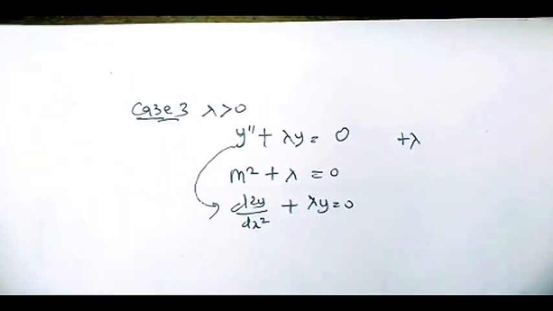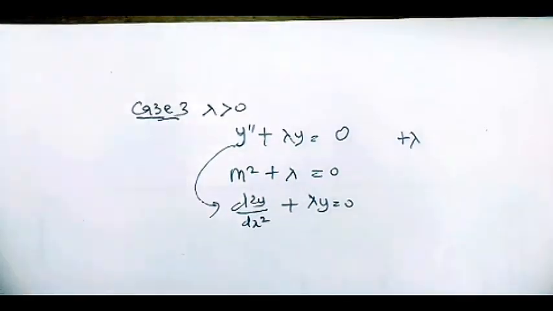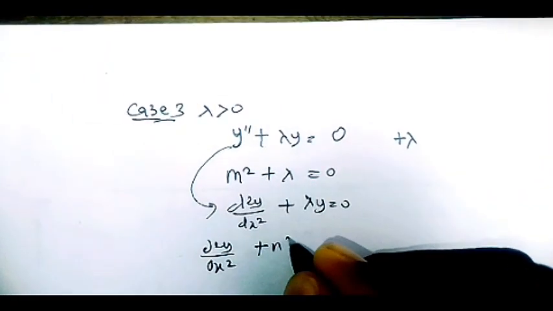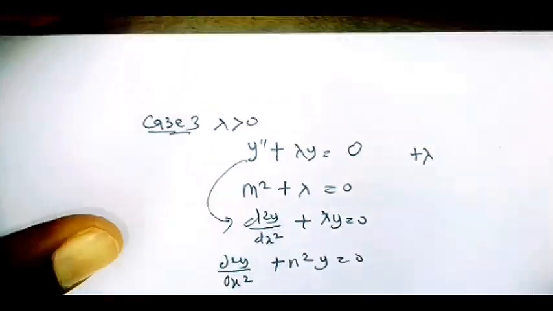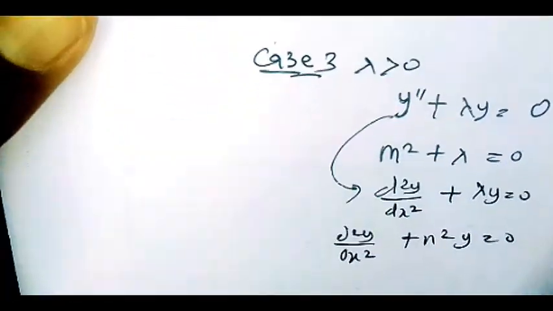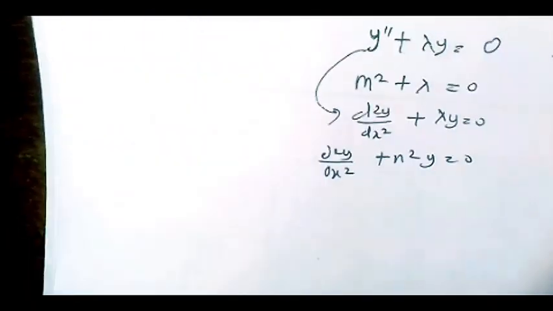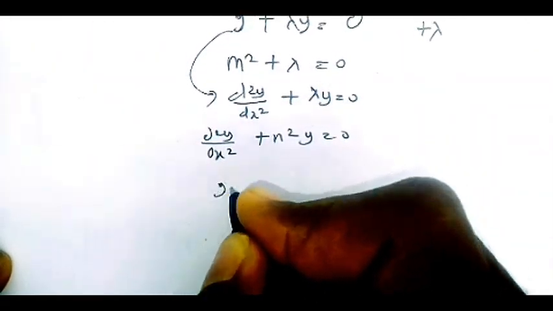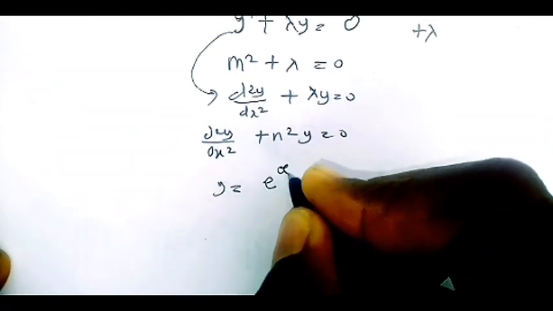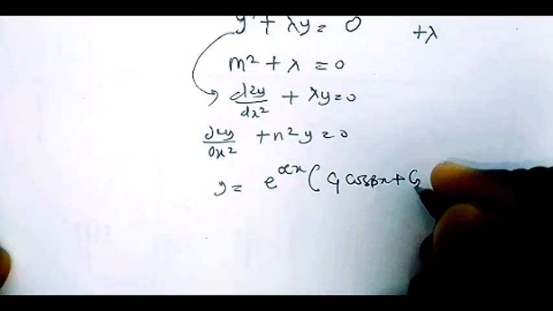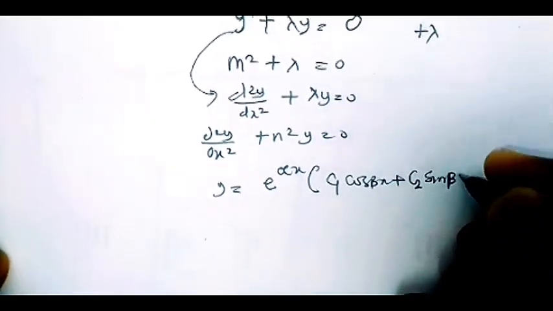So now if you remember our solution to a second order equation, which is of this form, the solution we'll get will be y equals e^(alpha x) open bracket c1 cos beta x plus c2 sin beta x.